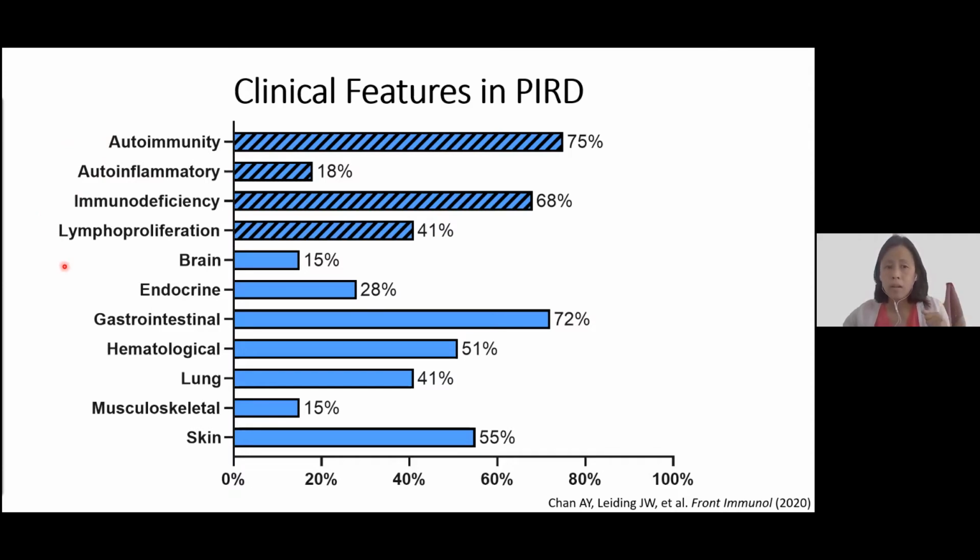We also found in these patients that we surveyed that patients with PIRD can actually have an impact on all the organs of the body. Most commonly, patients would have gastrointestinal symptoms, so problems with the gut, such as diarrhea. Roughly 72% of patients had GI problems, but also a common problem we're seeing in the skin as well as in the blood disorders or hematologic problems. But various different organs can be affected in patients with PIRD.